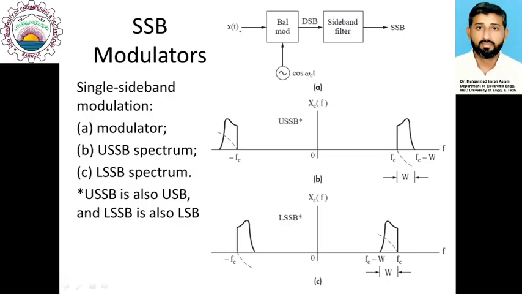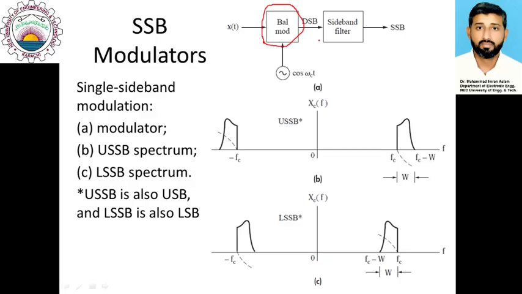So basically we need two important things. First thing is to suppress the carrier, which is done by a balance modulator, because we know that suppressing carrier generates a DSB signal, which is the variant of AM in which you have suppressed the carrier.